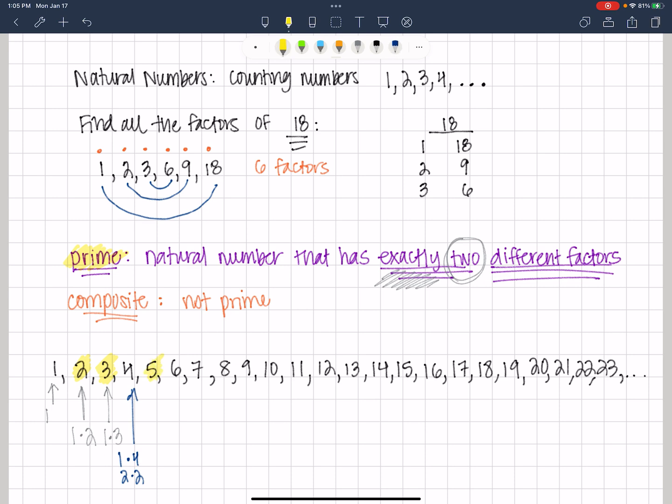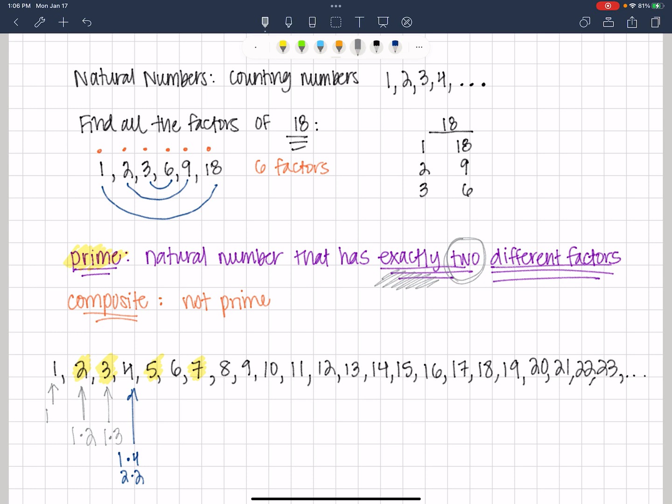5 is a prime number because its only 2 factors are 1 and 5. 7 is a prime number because its only 2 factors are 1 and 7. 9 would not count because 9 has factors 1, 3, and 9.